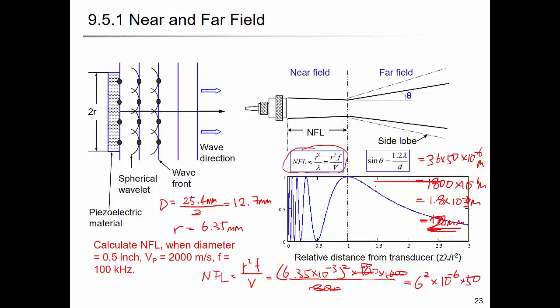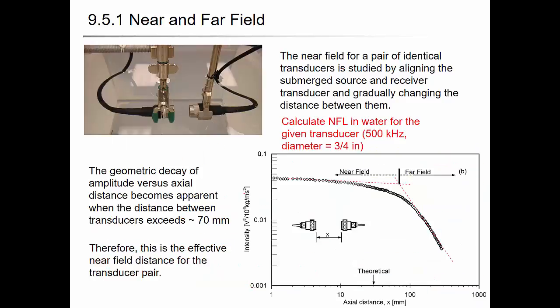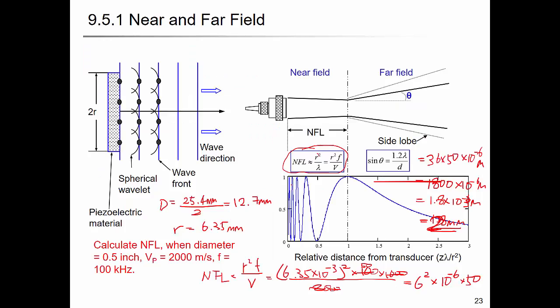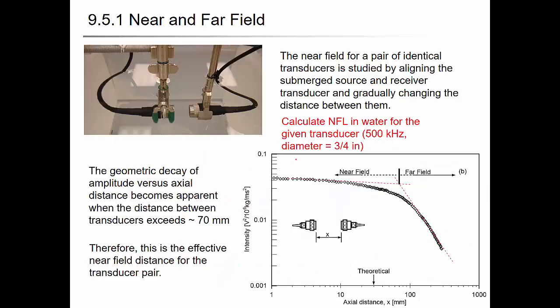And the R is 1.5 times larger, here the diameter is 0.5, there the diameter is 0.75. So if you calculate that, theoretically, the near field region is around 3 centimeters, 30 millimeter.